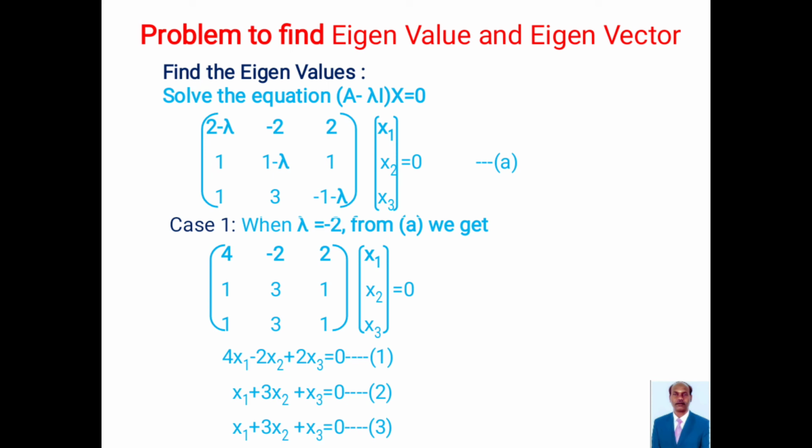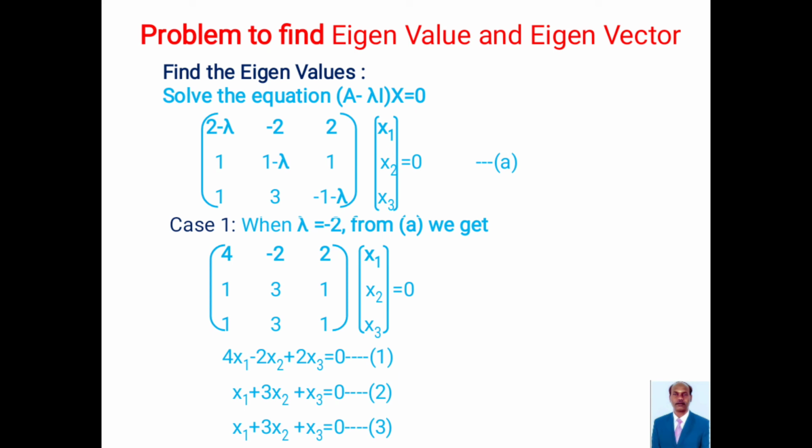Okay, likewise we can go for the third row and that column matrix: x1 plus 3x2 plus x3 for the third equation.